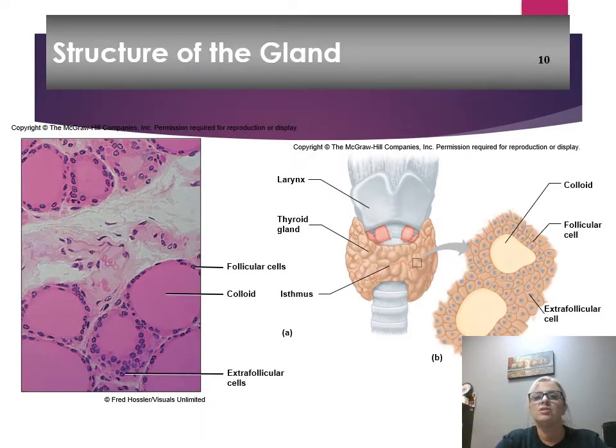We have connective tissue covering the gland, which is made up of follicles that are filled with a clear, viscous colloid type fluid. It has follicular cells that produce and secrete hormones of the follicles. We also have C cells, which are extra follicular cells. That means they're outside of the follicles, and those also can secrete some hormones.